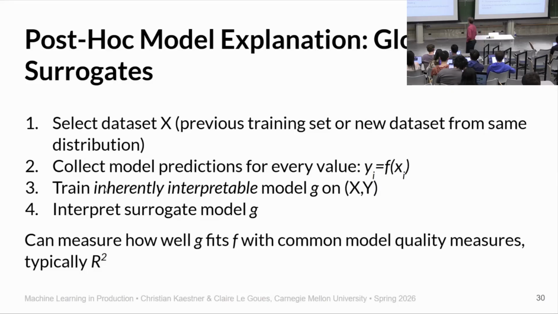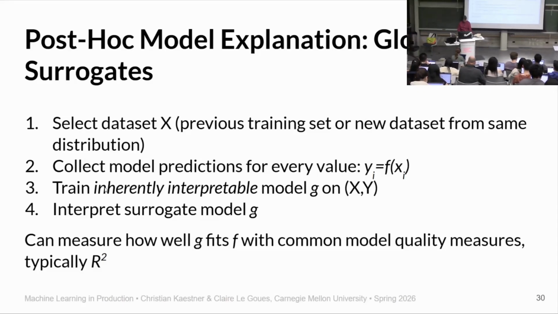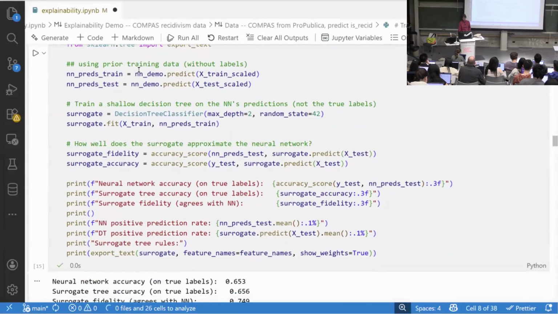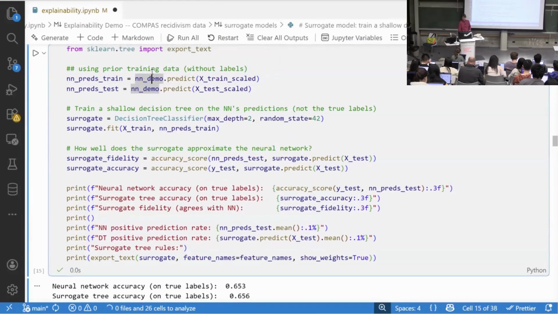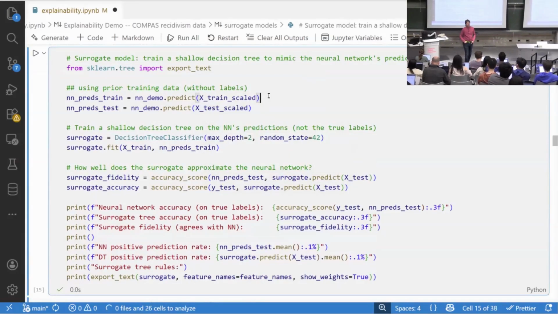So the way that this works is really simple. We select some data set, and I have an implementation here for this too. Here I'm using a neural network model that I trained earlier, and I use it to predict on the training data. So I'm just making predictions based on the training data.